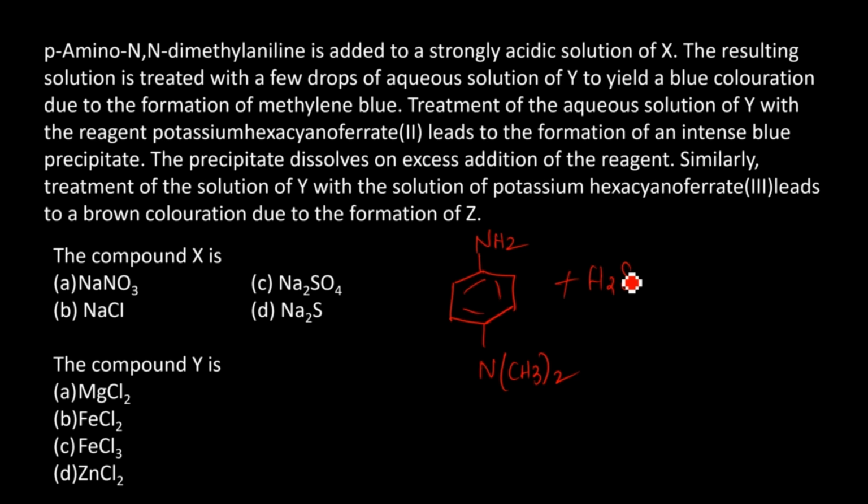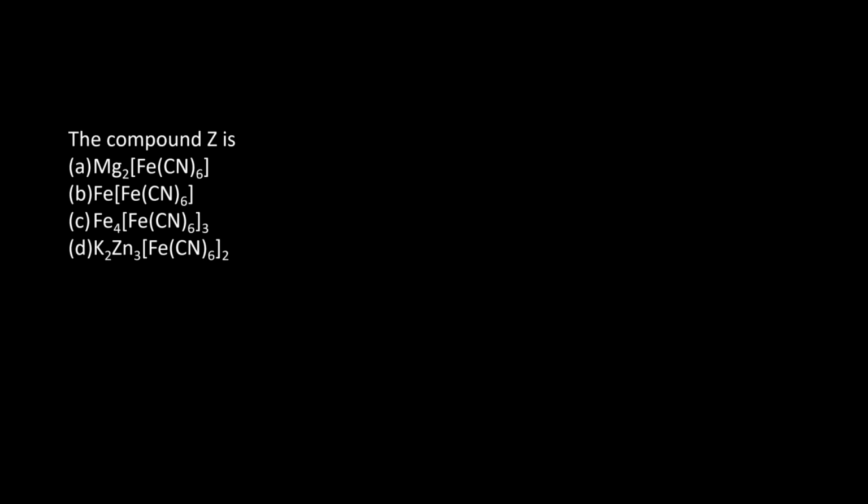The resulting solution is treated with a few drops of aqueous solution of Y. It is giving us the blue color. It is forming methylene blue. So that is the clue point over here. We just added the acidic solution in the beginning, that is H2S, and finally the methylene blue is formed.